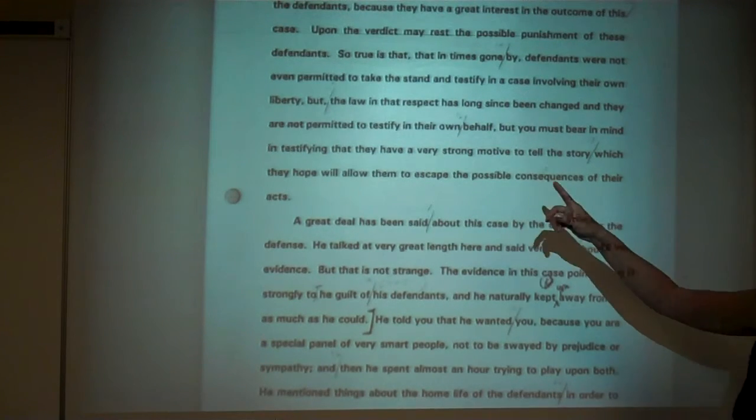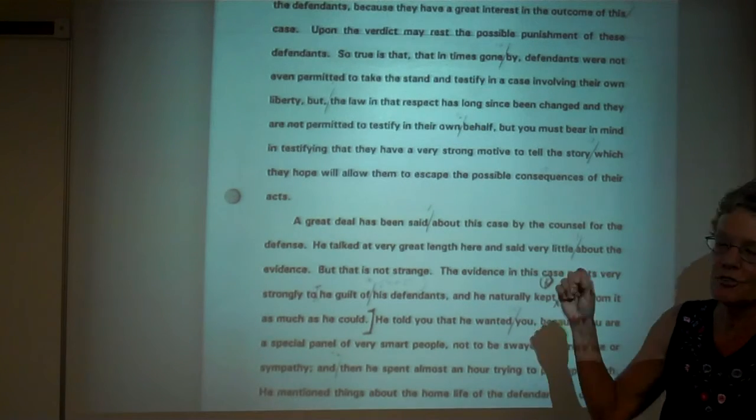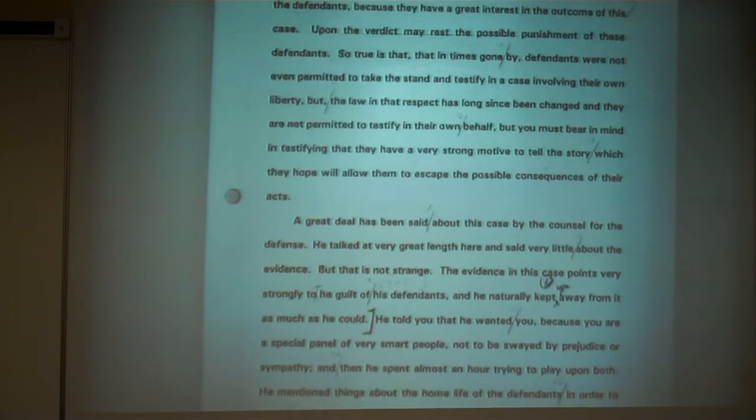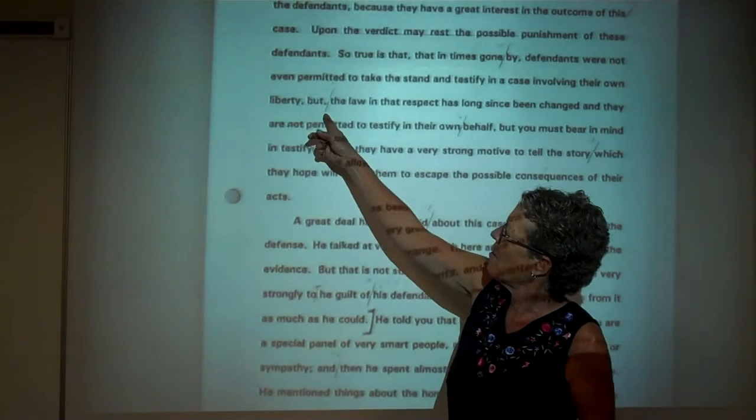Now see, this sentence here, it would have read very strangely if it didn't have those commas. So true is that in times gone by. So true is that, comma, that in times gone by, comma, defendants were not permitted. Now, I probably would have left this comma out.